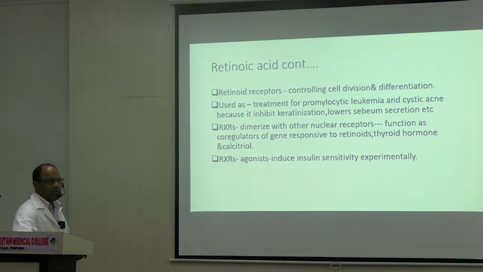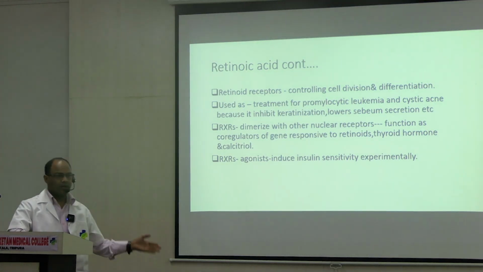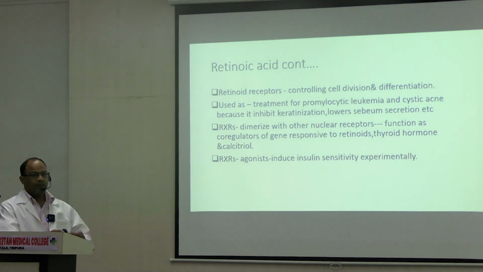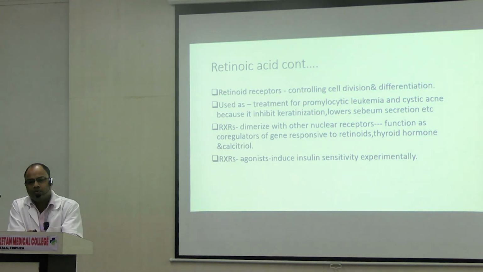Some drugs like rosiglitazone and pioglitazone act in this way. They are anti-diabetic types of drugs.